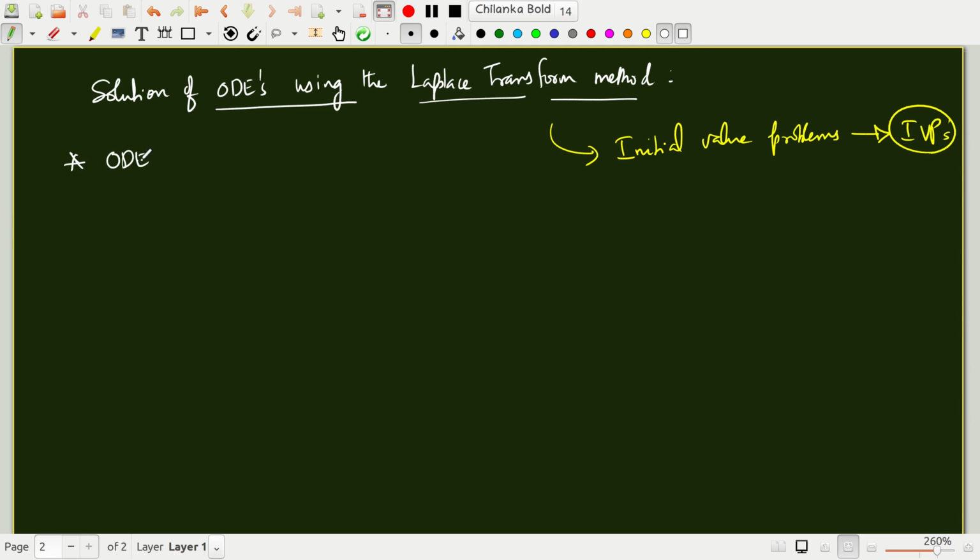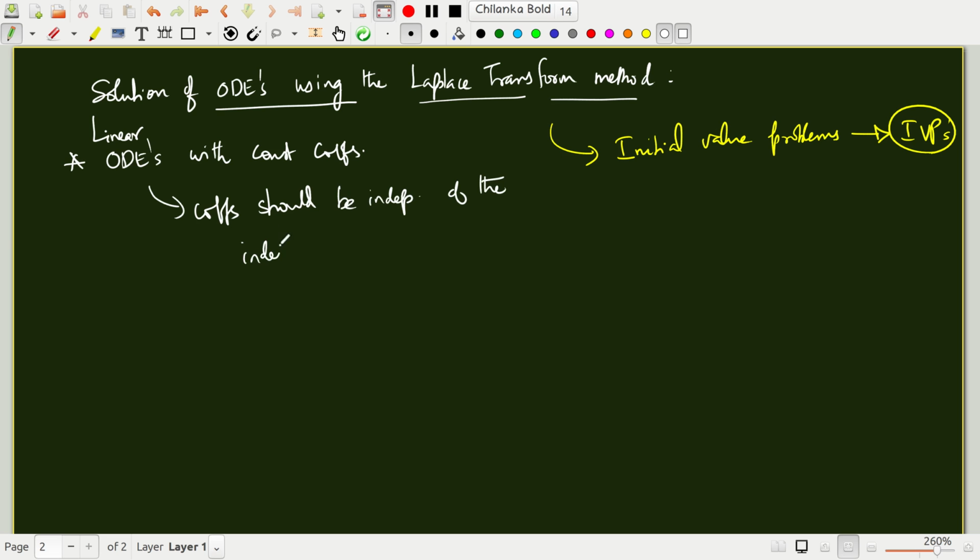It is convenient to use for ODEs with constant coefficients. Obviously the ODE should be linear. The coefficients should be independent of the independent variable, let's say time.